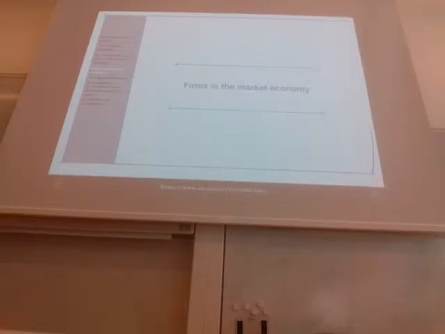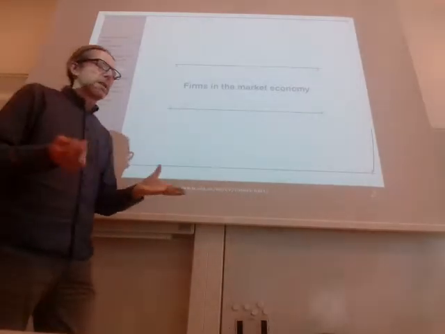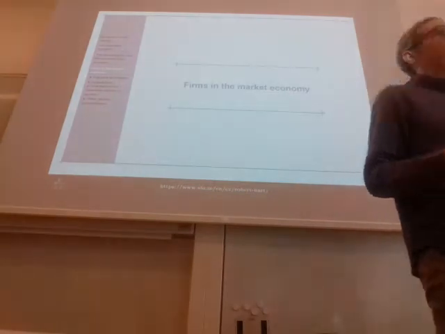Well, no, sorry, that's not quite right, is it? Because this was actually gross benefits before we allowed for input costs. But whatever. The planner is looking to maximize net benefits to society.